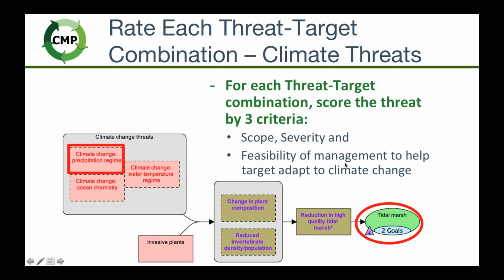So for each threat target combination, this is the simple threat rating. You're just taking what typically would be called a climate stress, but treating it as a direct threat, like changes in the precipitation regime, and rating it according to scope, severity, and feasibility of management, feasibility of management actions that would help the target to adapt to climate change.